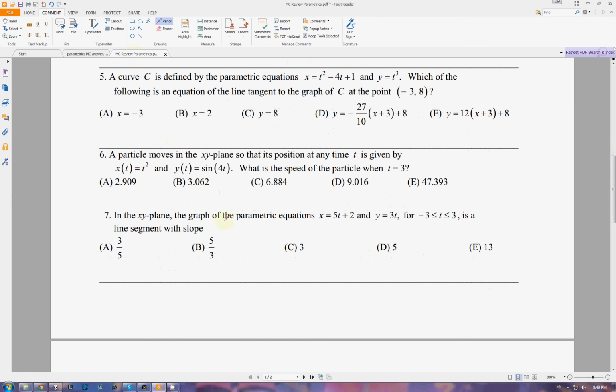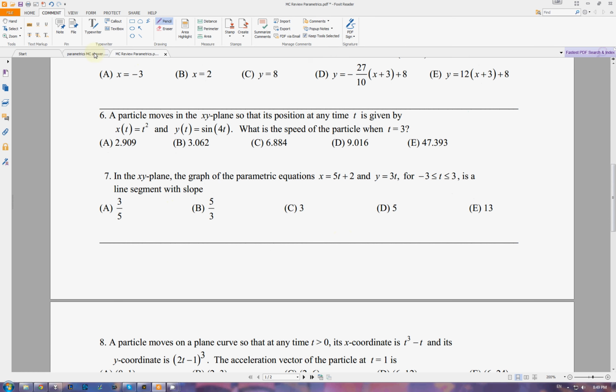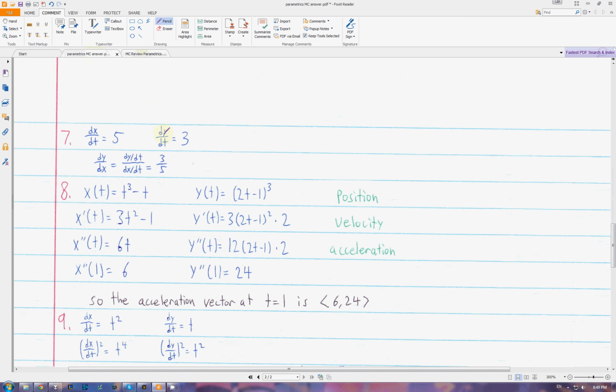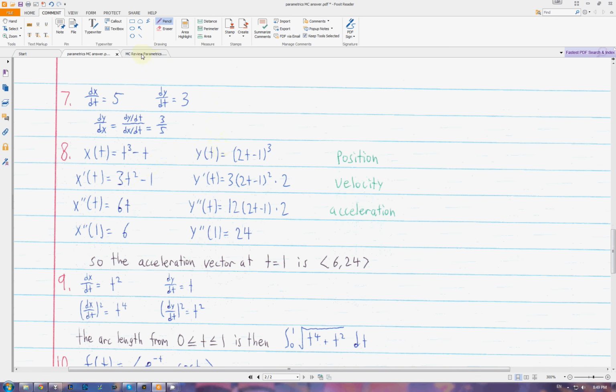And question number 7 is another slope of the tangent line problem. This one's pretty easy. Again, you just differentiate separately to find dx/dt and dy/dt, and then use dy/dt over dx/dt to find the slope of the tangent line.